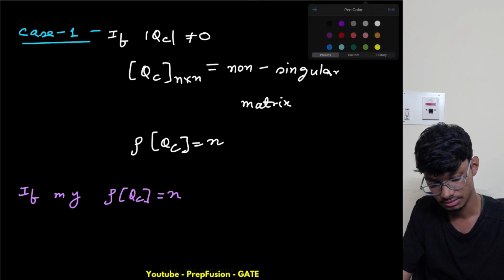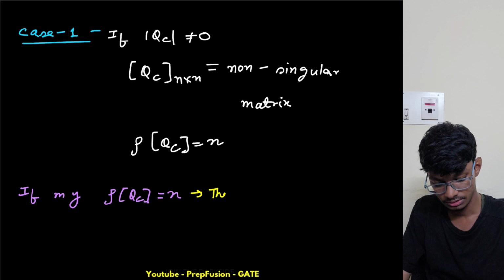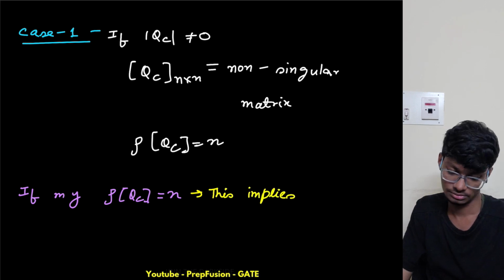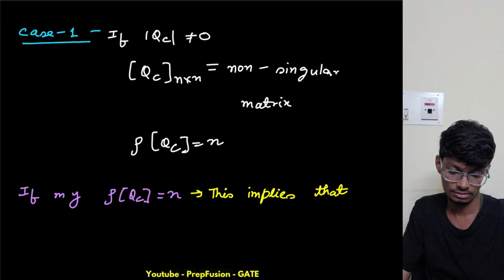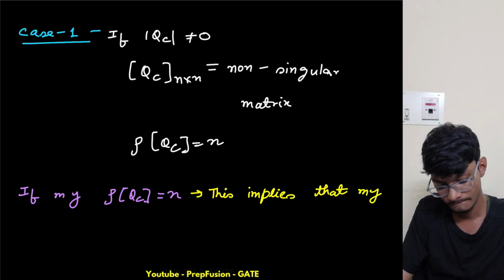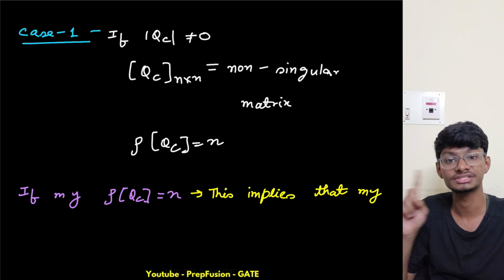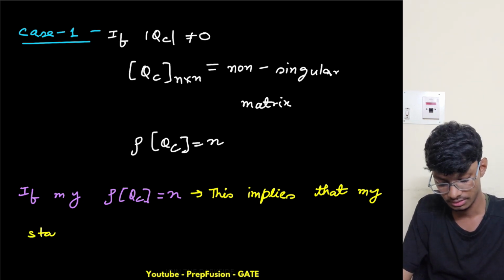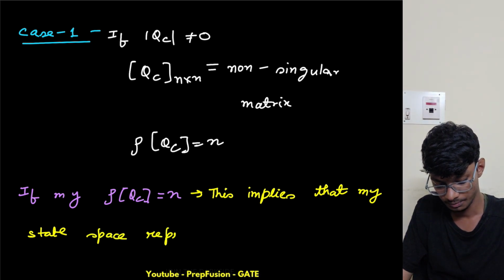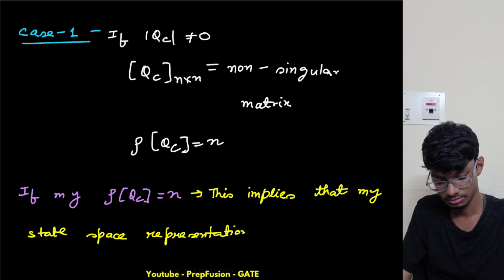This implies that my system, or my state space representation, is controllable.